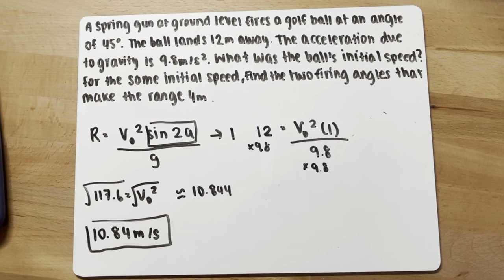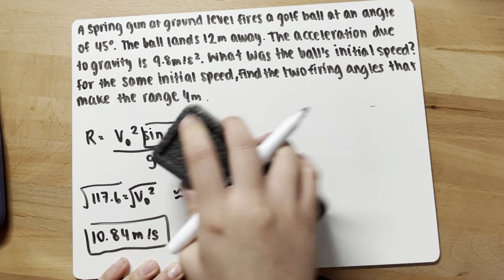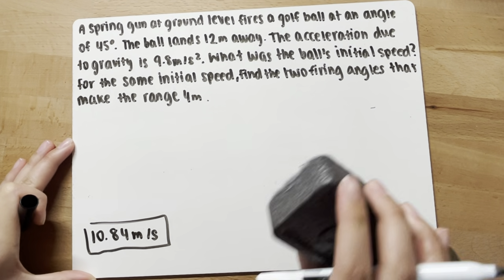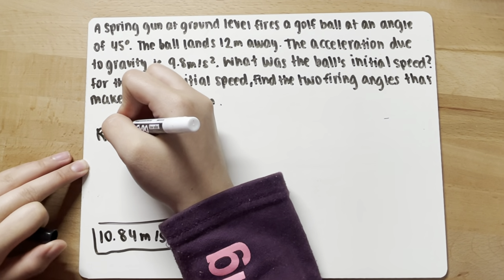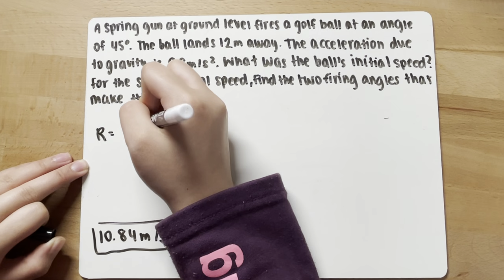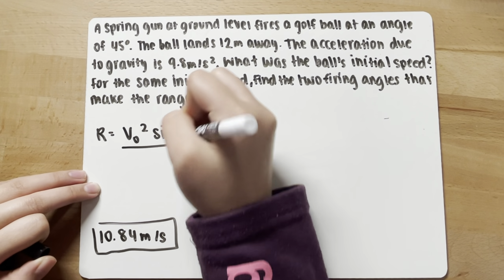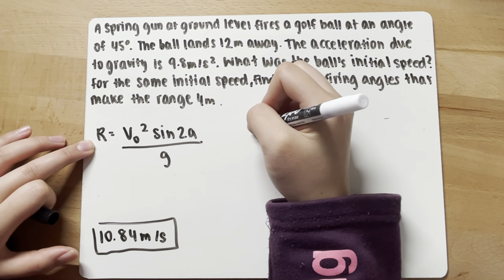Now, moving on. We want to find the two firing angles that make the range 4 meters. So back to our range formula. Range equals initial velocity squared times sine 2a over g. R this time will be 4.